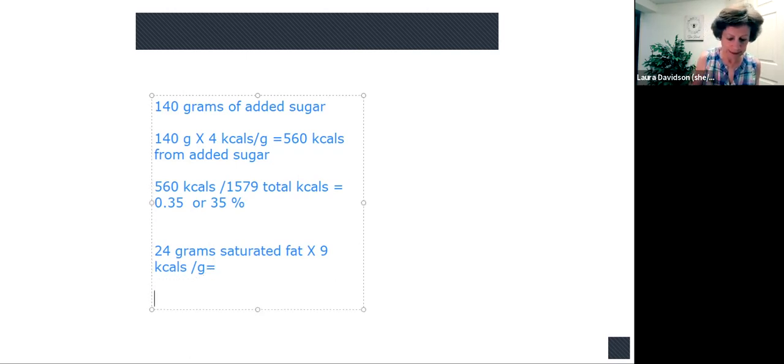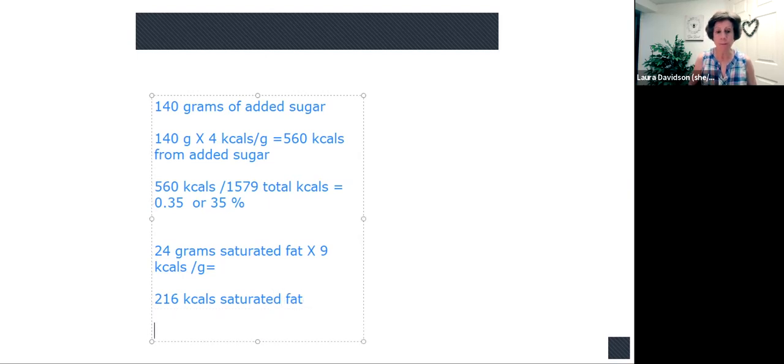Okay, let's see what we get here. 24 times 9. That means 216 kcals came from saturated fat. To come up with the percentage of the total, same thing again, 216 divided by 1579.